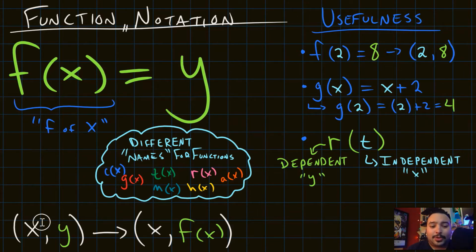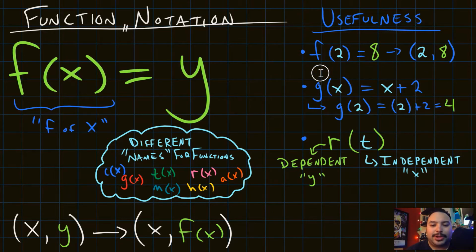Just like in coordinates, when you look at an equation like f of 2 is equal to 8, immediately you can tell what is the independent, the x value, and what's the dependent, the y value. In this case, f of 2 is equal to 8 shows you that 2 is our x value and 8 is our f of x or y value. And we can look at that either way. Really, an equation like this shows us a coordinate point, an ordered pair, from our function.